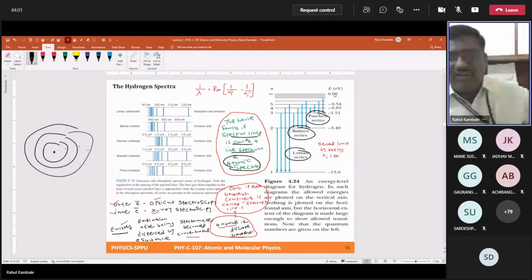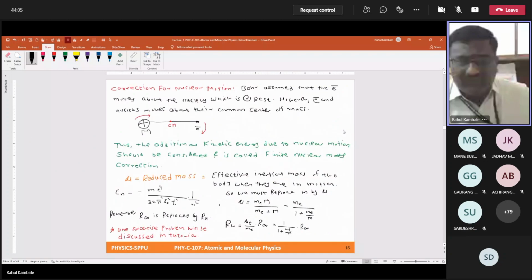Okay, this is not required; in the tutorial you may understand it. So very quickly I will discuss, because only 1 minute is remaining. There is a correction for nuclear motion also, because so far we assumed electrons are revolving, but both the electron and the nucleus are moving.